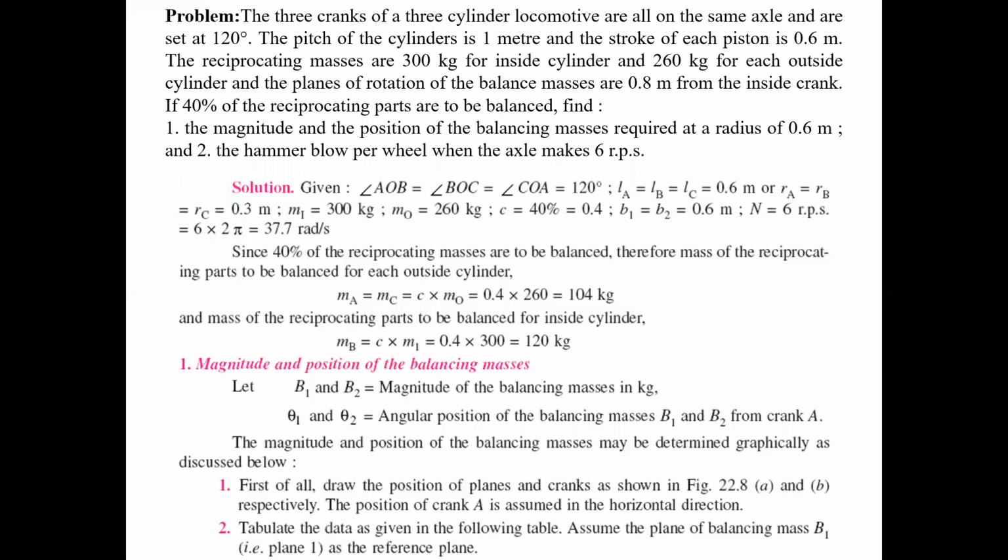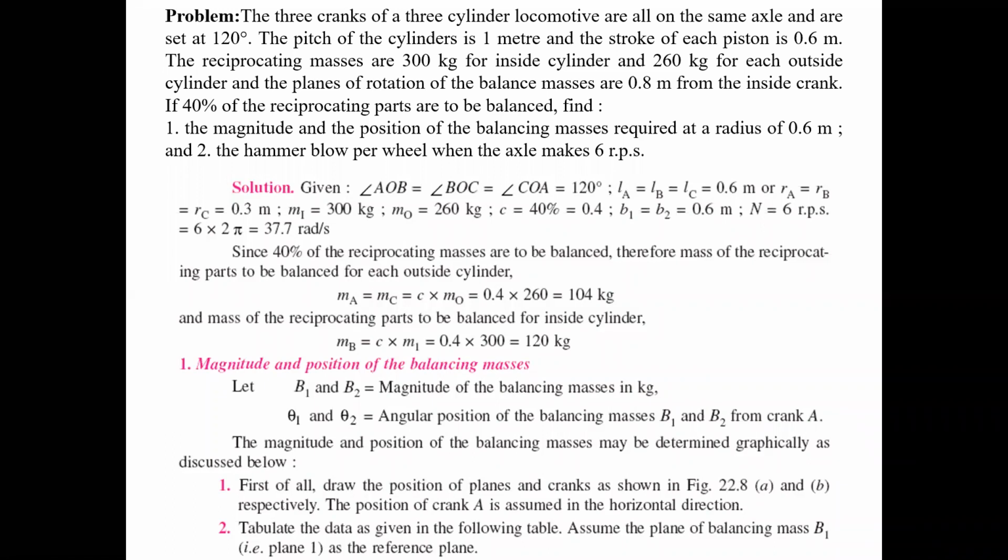Balancing masses also have a radius of rotation, represented by B1, B2, which is equal to 0.6 meter, and N equals 6 RPS.